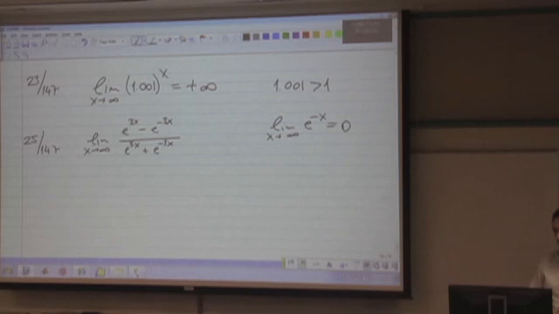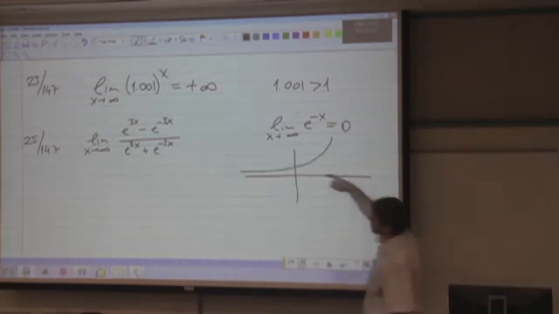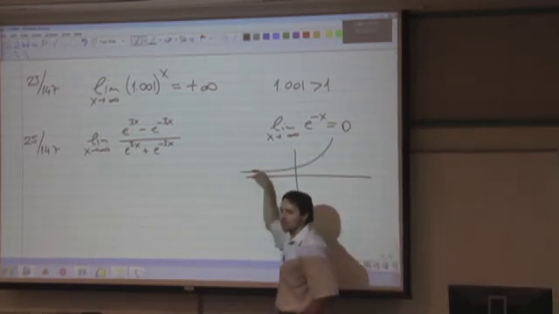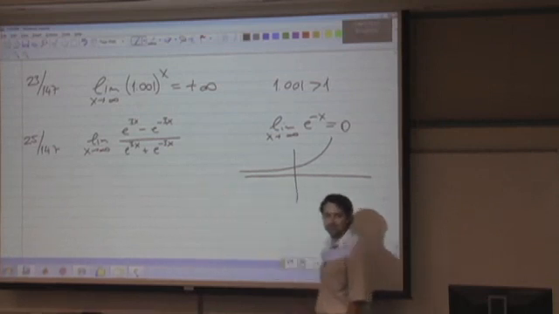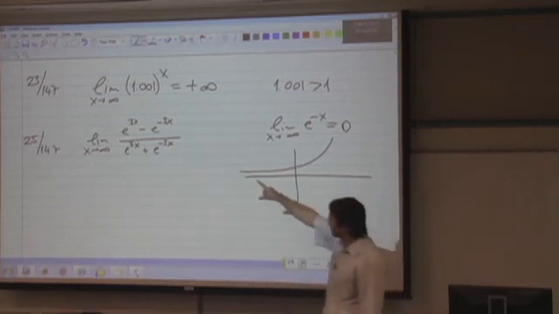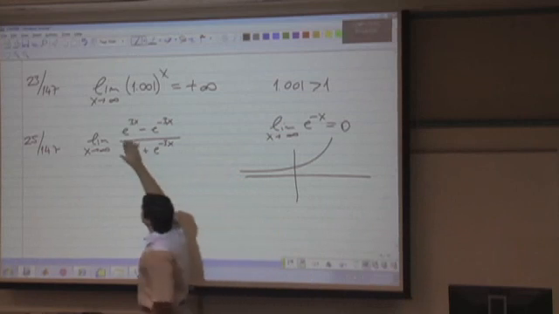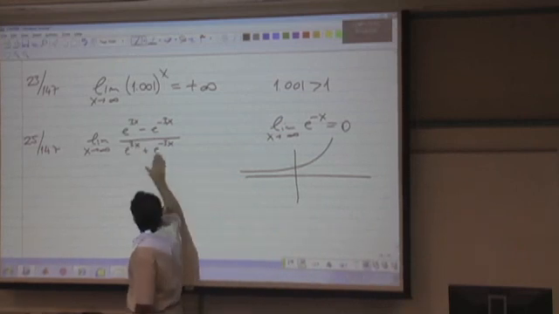Right? Again, think about your graph. e to the minus infinity means you're going this way, so you'll end up at 0, right? So coming back up there, we have infinity minus 0 divided by infinity plus 0.